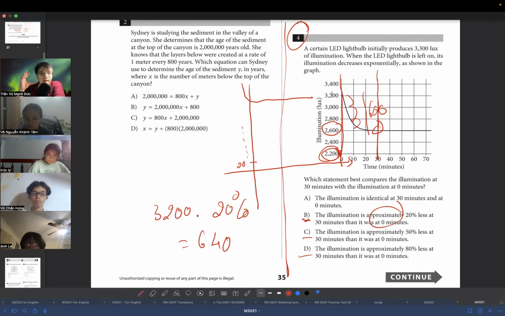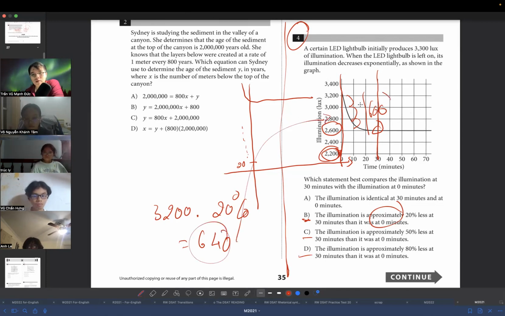By doing so, they can exaggerate the amount of difference. So don't believe your eyes, don't assume, just do the calculation. It's about 600, and 20% is 640. So it's very close. So it's B.